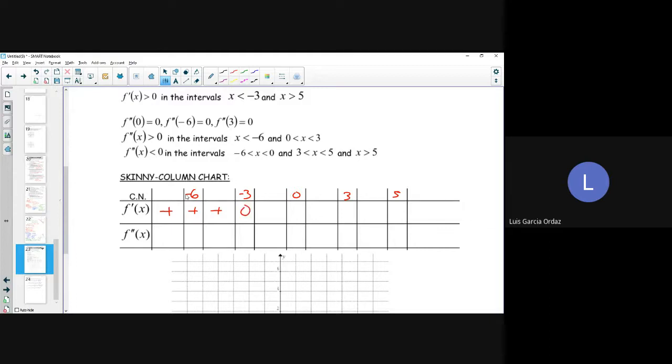And it's going down between -3 and 5. And at 5, I have it as undefined because of my concavity and my horizontal asymptote and my vertical asymptote.